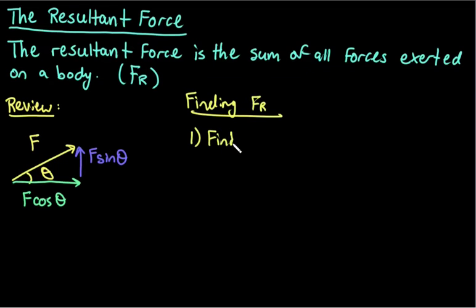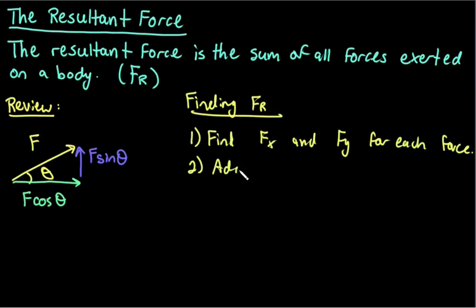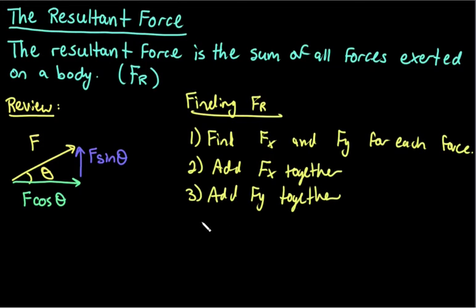So find Fx and Fy for each force. Step 2 is you want to add the Fx together. Step 3 is add your Fy together. And then step 4 is you would use this formula here to find your resultant force.